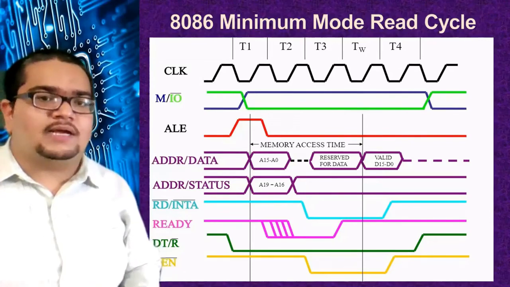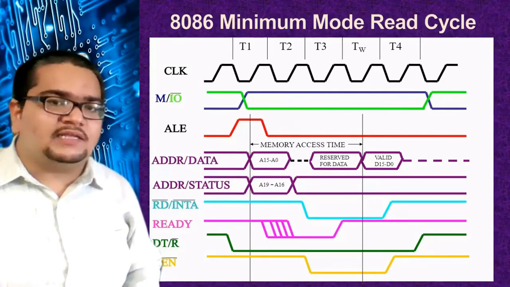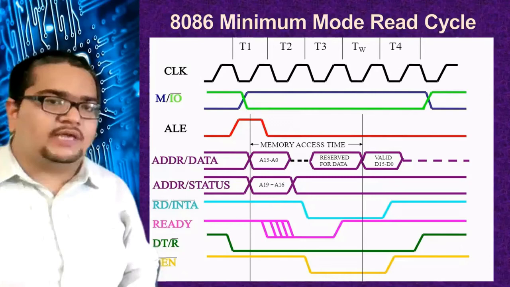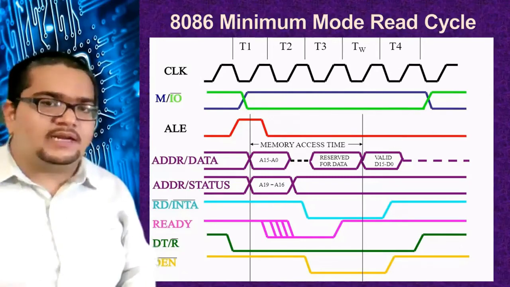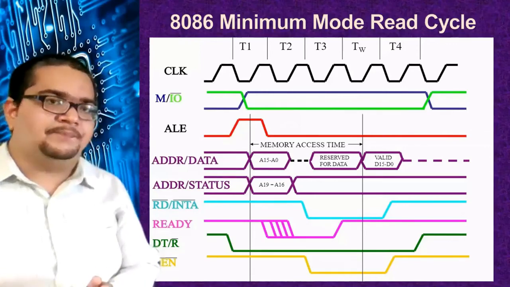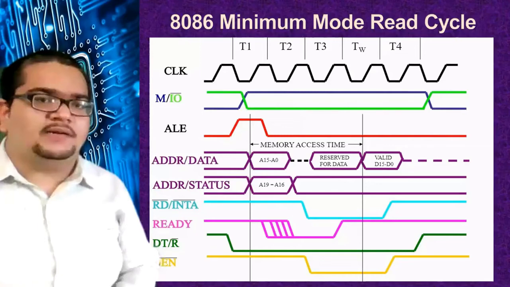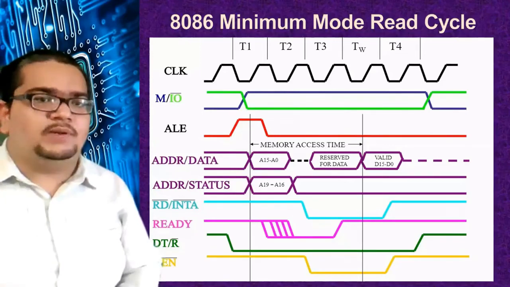So TW will keep increasing accordingly, and this wait cycle is not fixed. That means it is not starting here and ending here. It is low here and it will stay low till the last TW cycle. Multiple TWs can be there.